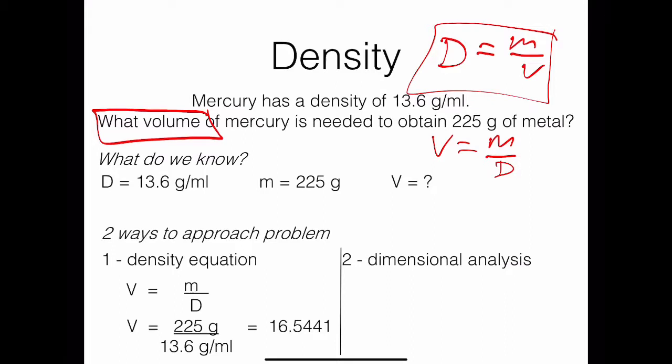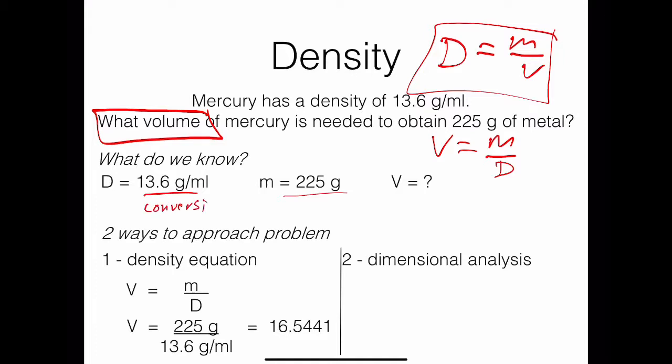But the second approach to this problem is using dimensional analysis. This is my chosen method because, like I said, I don't have to remember how to use an equation or how to rearrange an equation, and it's much easier to see how units end up canceling in a problem like this. So with dimensional analysis, we always start with our given piece of information. The problem here is we have two given pieces of information, but one of these is never to be started with.